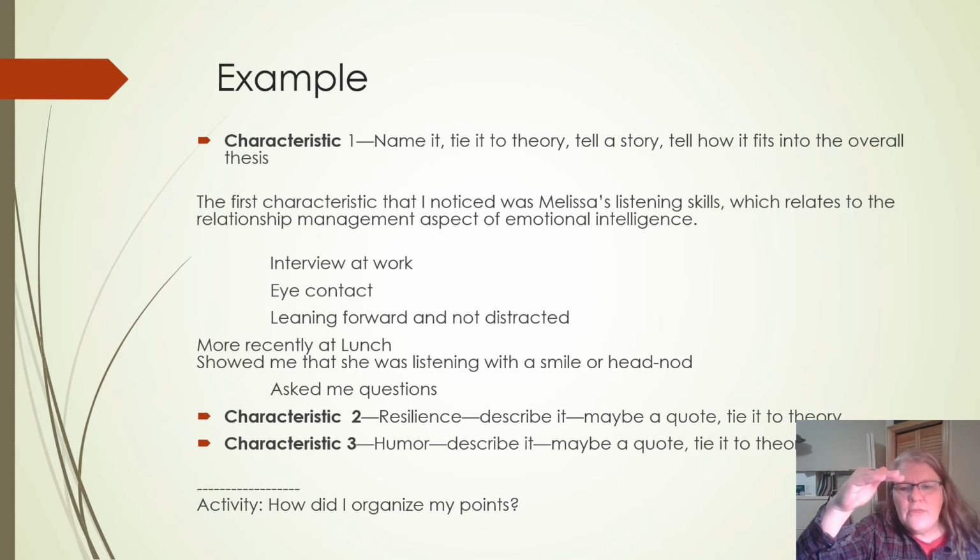So now look at my 3 points that I have. I have her listening skills, her resilience, and humor. How did I organize my points? So really, my points were organized in a topical way, and I just decided to do it this way. So be thinking about your points and how you're going to organize them.